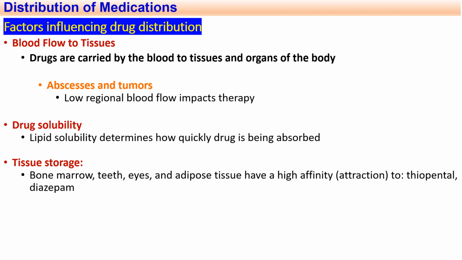Another example is tetracycline. It has an extremely high affinity and it will bind to calcium salts and accumulate in the bone and teeth. That's why tetracycline is not recommended and should be an absolute contraindication, should not be prescribed to pregnant women, because that will show as a yellowish discoloration of the teeth when the baby grows up and has teeth.